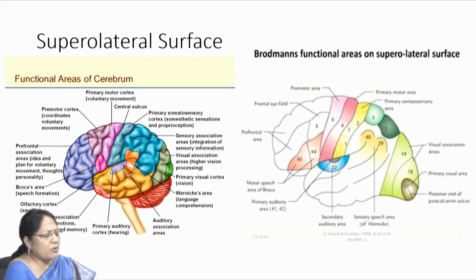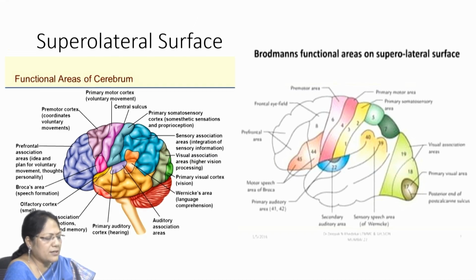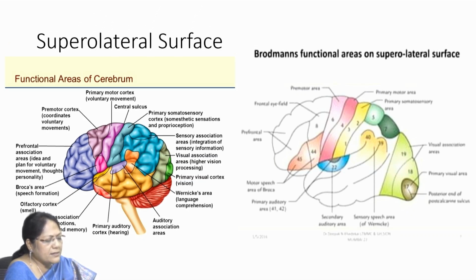On the superolateral surface in this colored diagram, you can see the cerebellar hemisphere and the brainstem going down. Approximately in the middle of the superomedial border you will find the central sulcus.